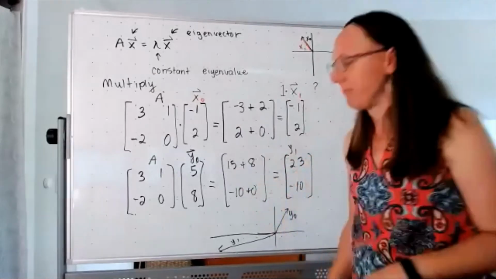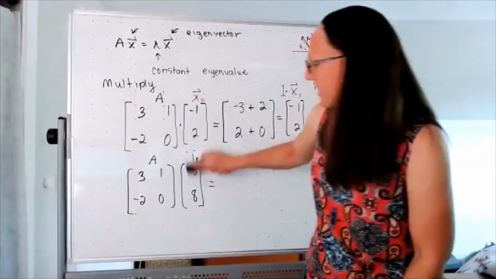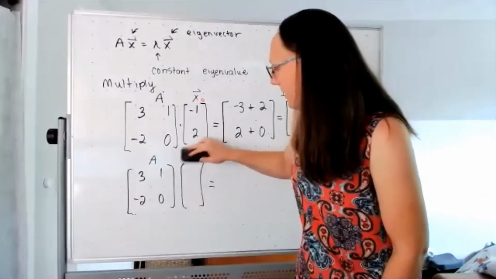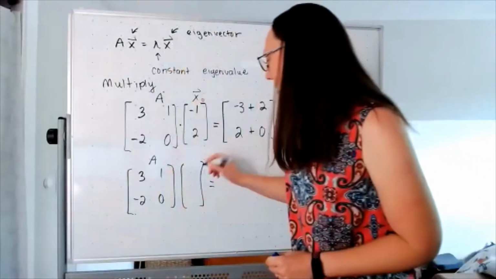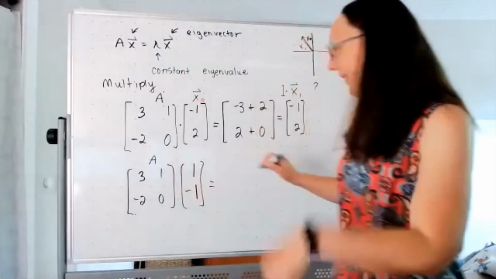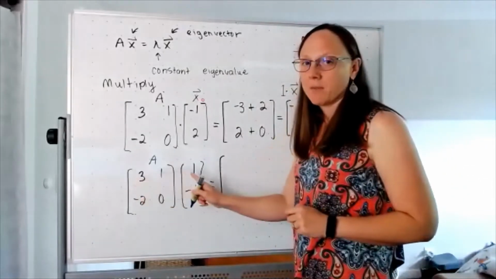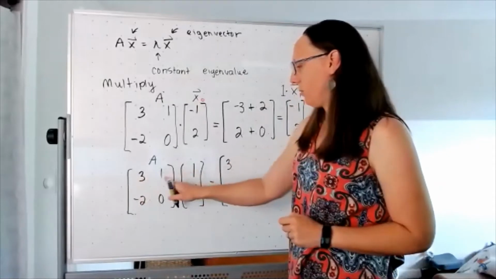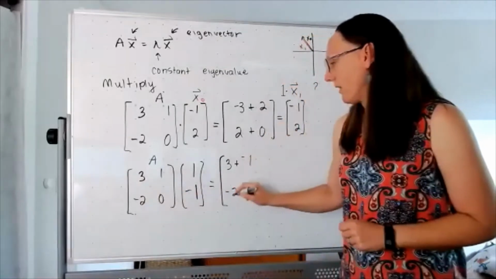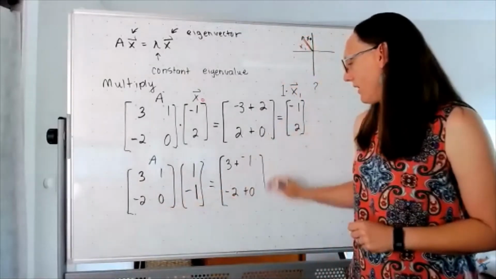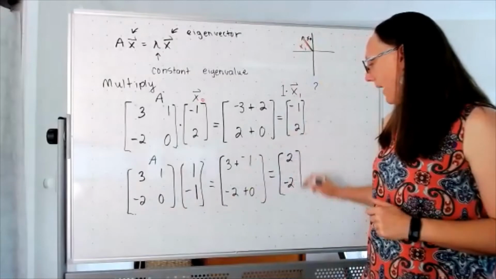Okay. I'm going to do one more of these. And multiply by the vector 1, negative 1 really quick. 3 times 1 is 3, plus 1 times negative 1, so plus negative 1, negative 2 times 1, 0 times negative 1, so I get the vector 2, negative 2 back.